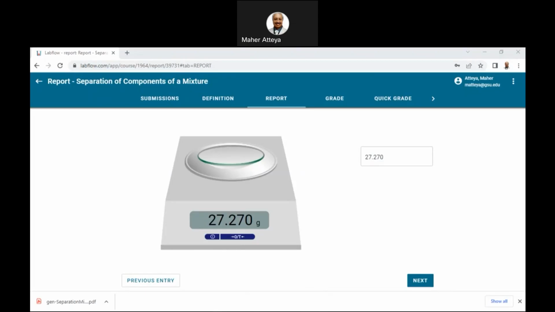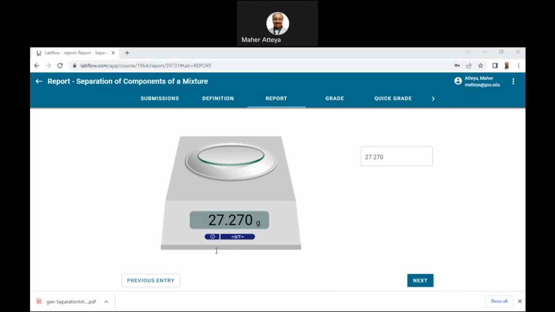Now we are weighing the watch glass, which will be used with crucible number 2.